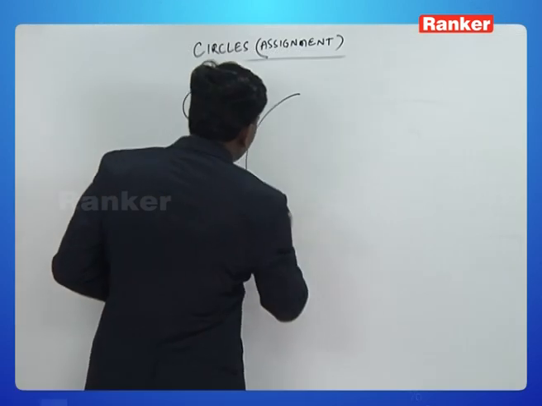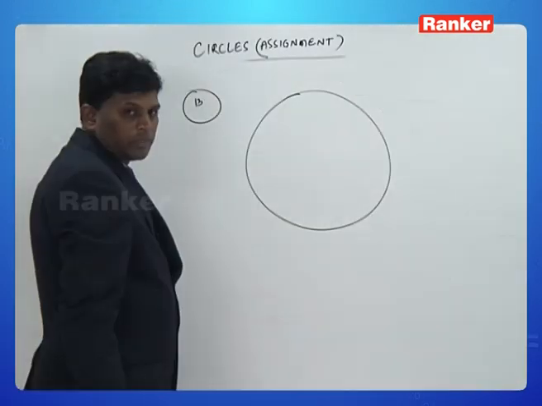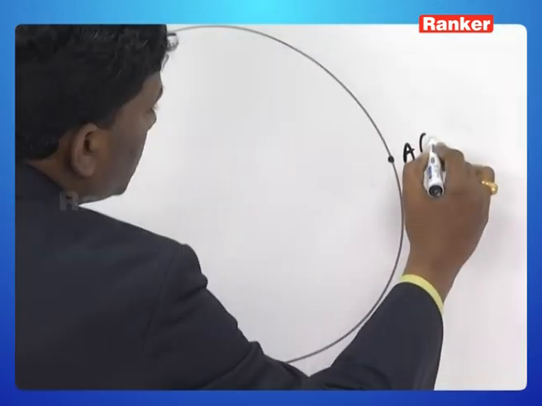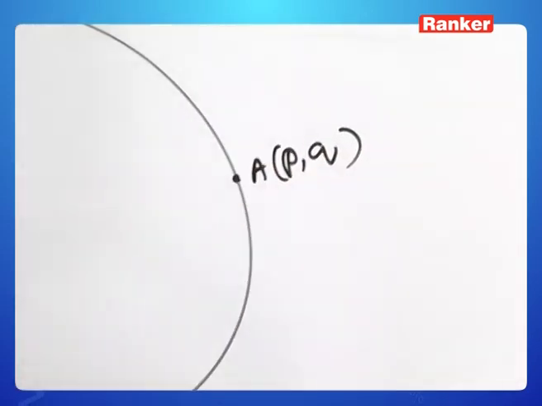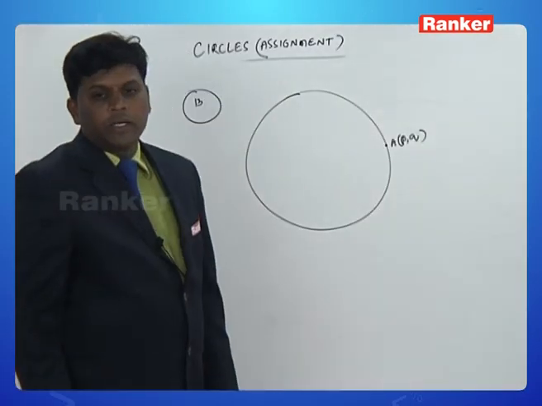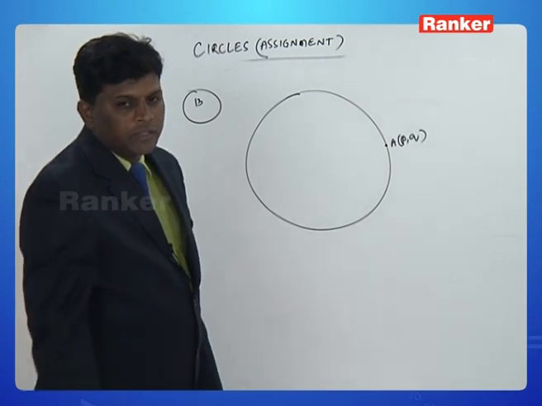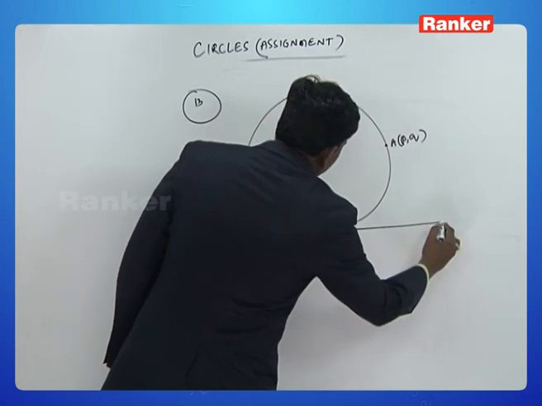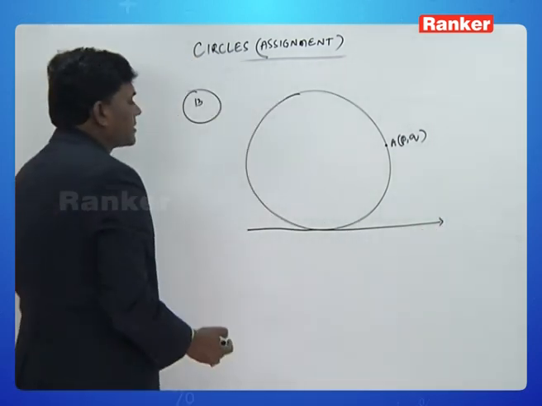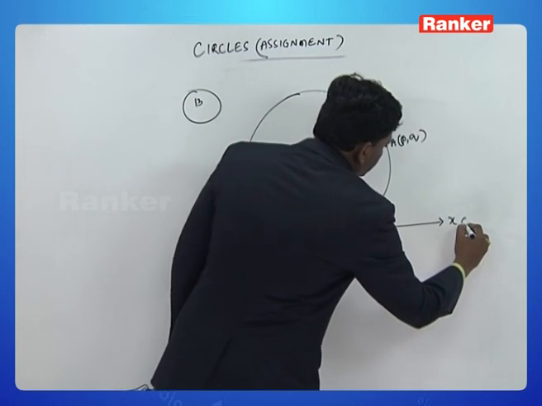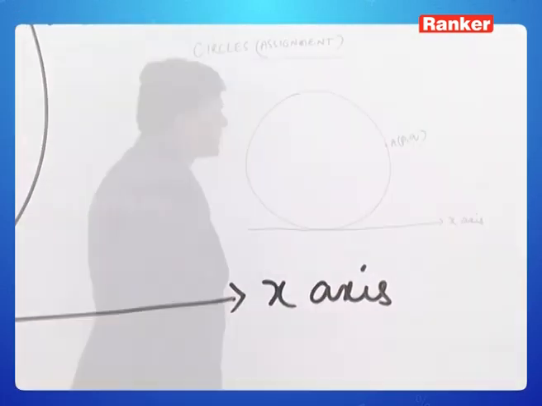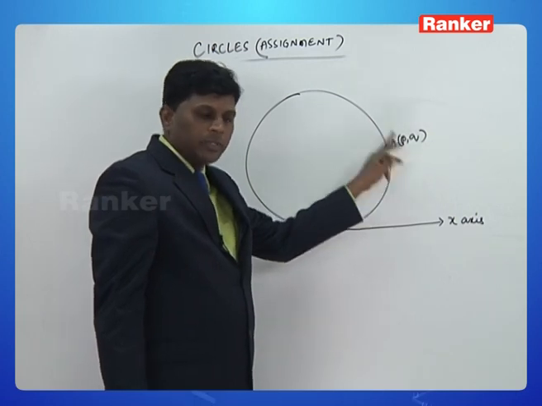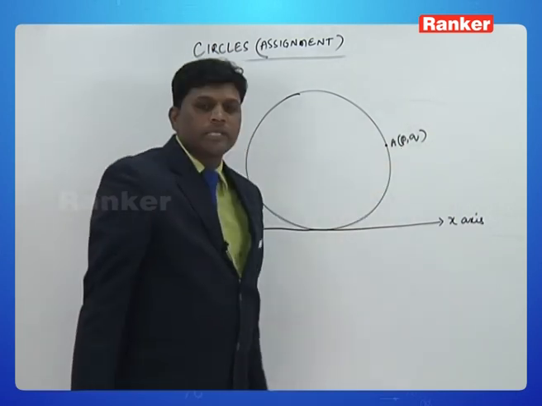So, let us choose a variable circle passing through the point A P comma Q. Randomly we choose a point P comma Q on the circle, and the circle given is touching x-axis. These are the conditions given. Circle is passing through the point P comma Q and it is touching x-axis.